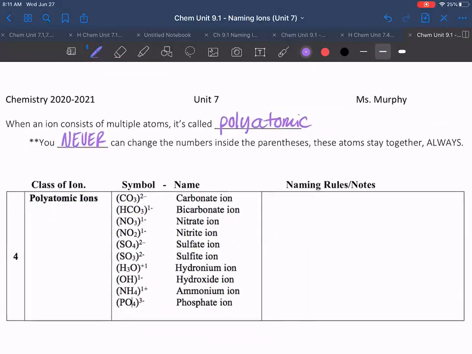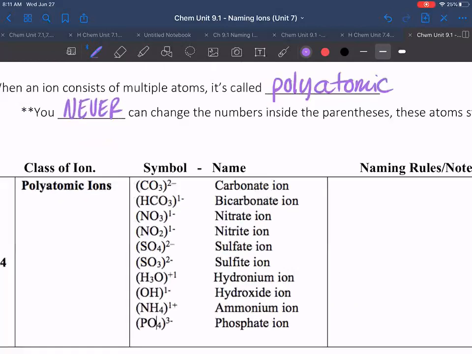These atoms always stay together. It's the combination of these atoms that produces a certain charge. Looking at these, it's a ratio of 1 carbon to 3 oxygens that prefer to produce a 2- charge. So you're never going to be messing with the ratio of elements to each other in these polyatomic ions.